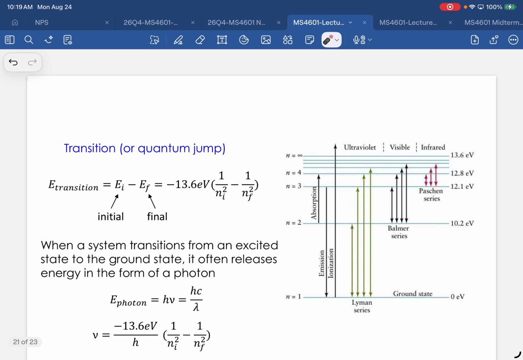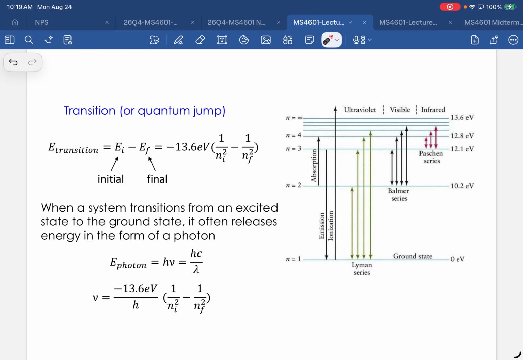And if you look at it, this transition has to be a jump, right? It's called a quantum jump because, again, energy is discrete. Energy is not continuous, energy is discretized. What that means is that when an electron goes from the ground state to any other excited state, it has to gain sufficient energy to go to those states. This is essentially jumping, because it cannot go continuously.